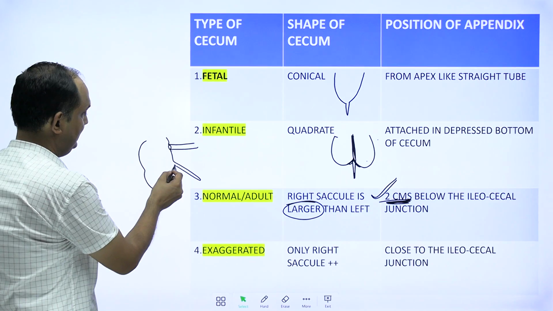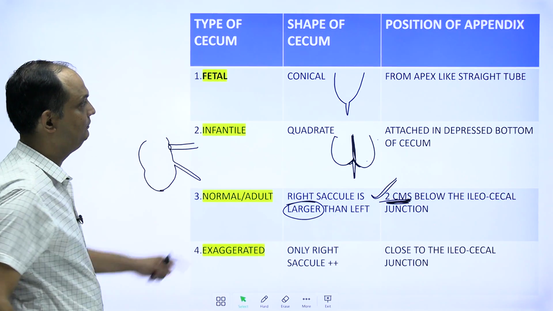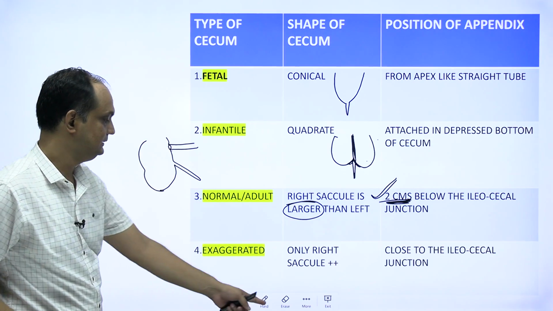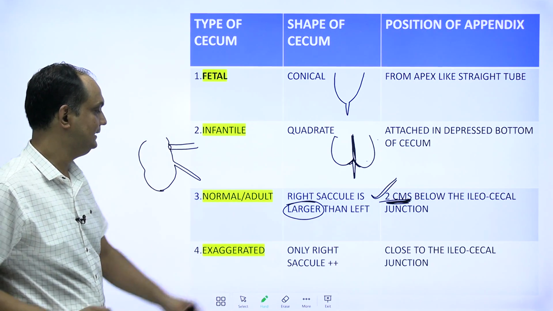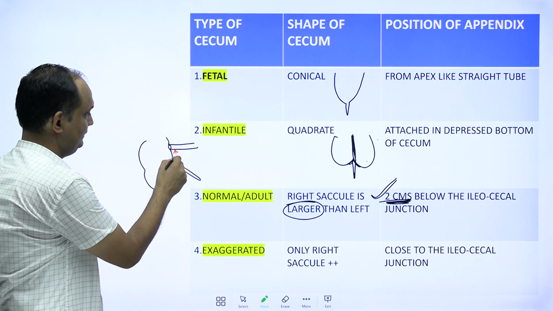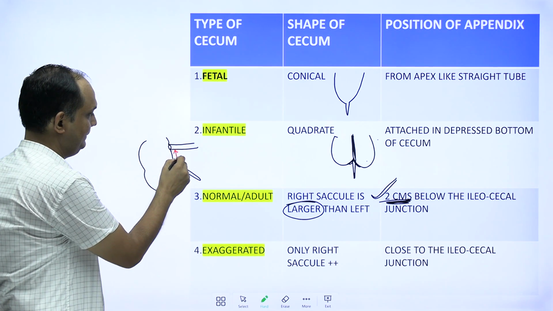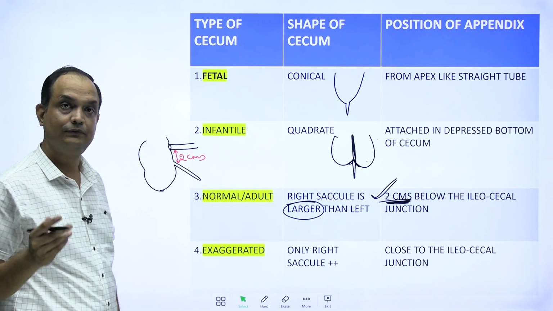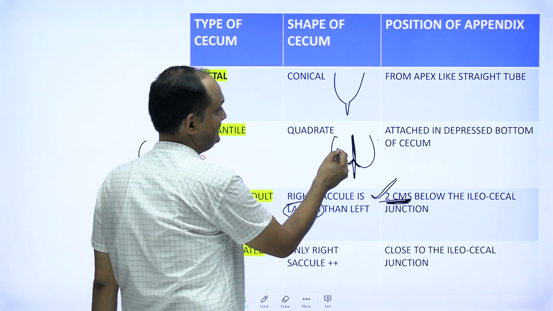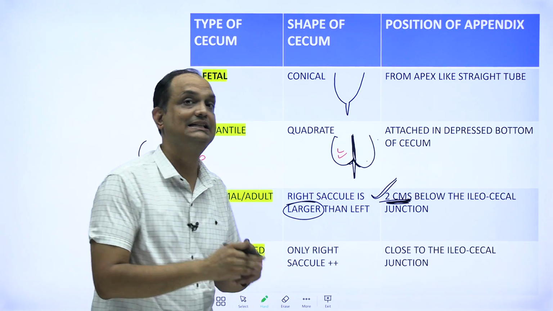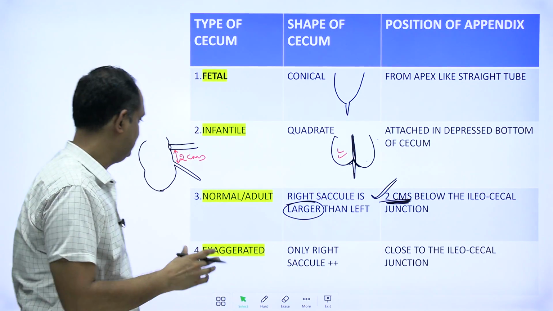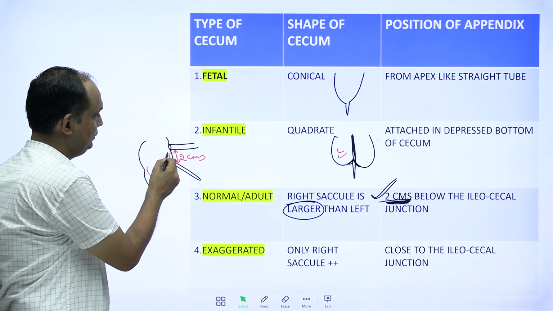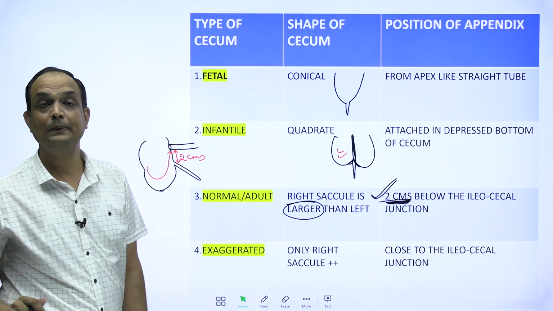So here the appendix is not present in the lower part, which is seen in these two varieties. And the most important thing is that there is a distance between the opening of the ileum and the appendix, which is around 2 centimeters. But if this right saccule enlarges excessively, then it pushes the appendix very close to the opening of the ileum.